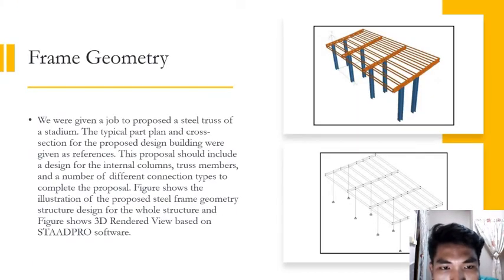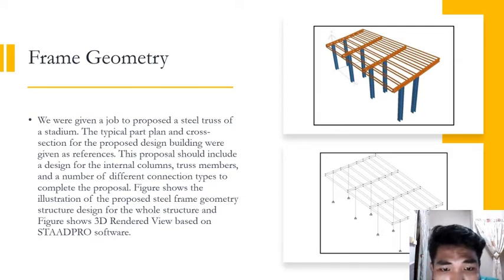This is a frame geometry. We are given a job to propose a steel truss for a stadium. The typical plan and the cross section for this proposed building were given as a reference. The proposal should include a design for the internal columns, truss members, and a number of different connection types to complete the proposal.